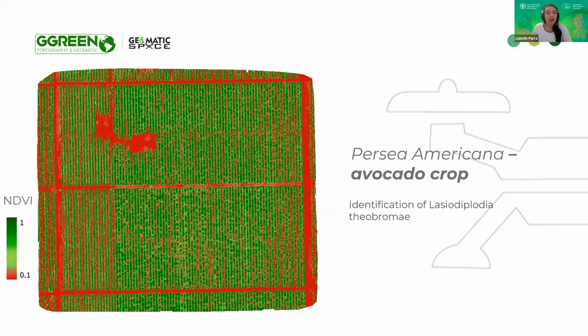Nuevamente vuelve a ser la oportunidad para poder ir a campo y realizar una verificación de cuál puede ser esa condición que está generando que las plantas no se estén desarrollando al mismo ritmo que aquellas que muestran un mejor comportamiento. Siguiente lámina, por favor.